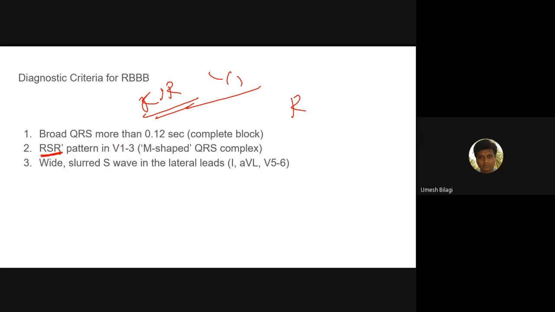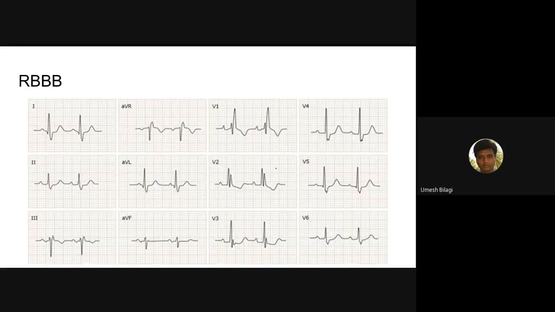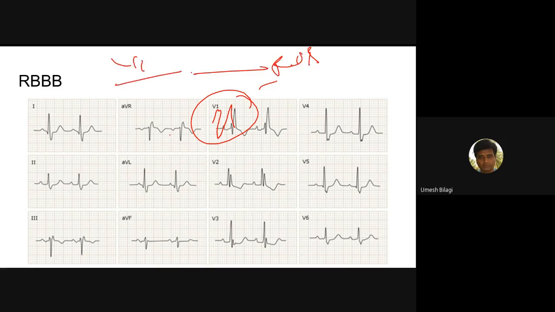You see RSR pattern in V1 to V3. That is an M-shaped QRS complex, and a wide slurred S wave. You can see R, S, R. RSR pattern in V1 is characteristic of RBBB.